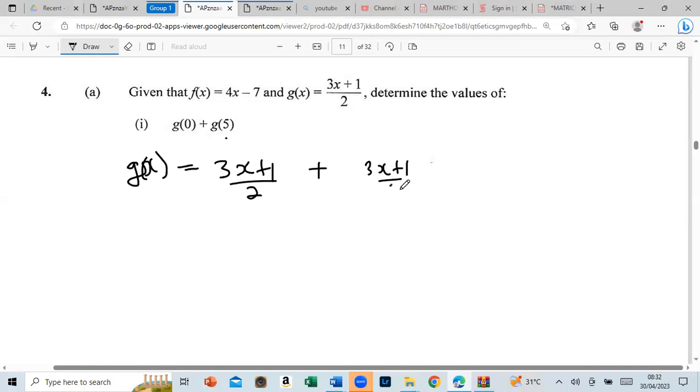I think I make it look more complex than it actually is though. All right, so we could work out G0 for this. So it's going to be 0 plus 1 over 2. And then we're going to do the G5 right here.